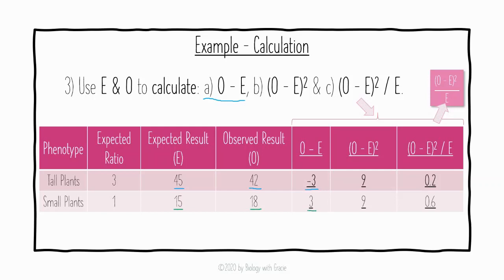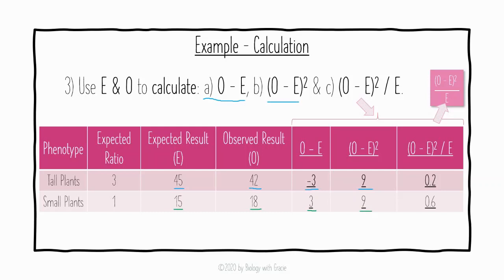We then need to square these results. So -3 squared is 9. Remember, a negative times a negative is a positive. So we have 9 here. And then 3 squared is 9 as well. Then finally we need to divide these values by our expected.